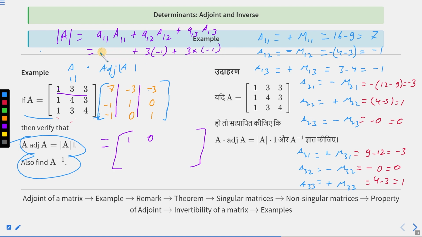This will be 7, minus 3 minus 3 means minus 6. Your determinant will be 1. Now what?